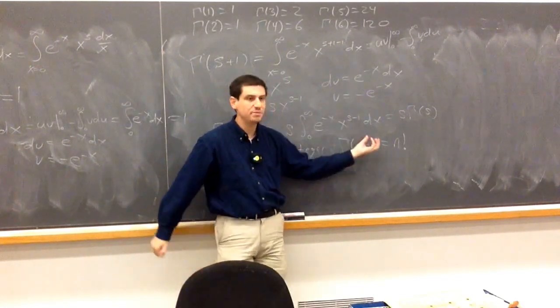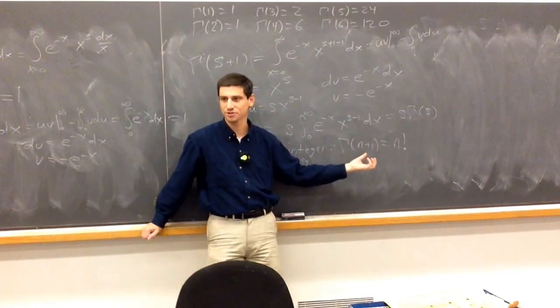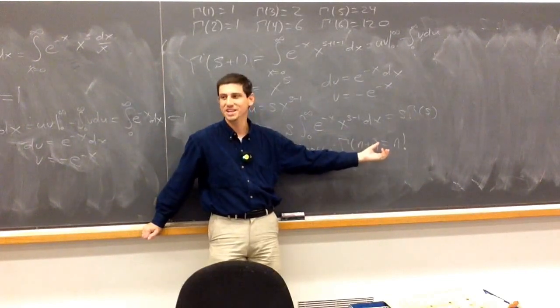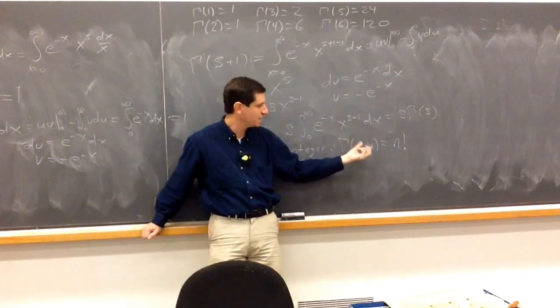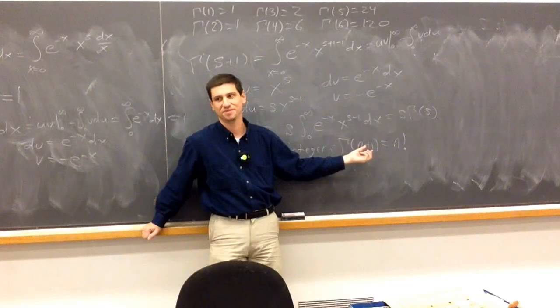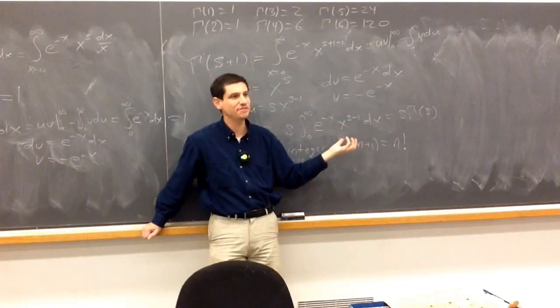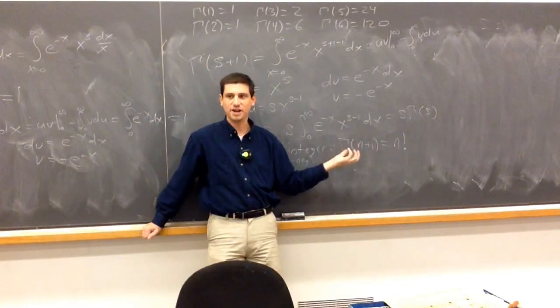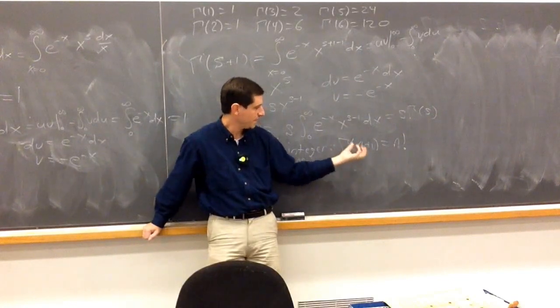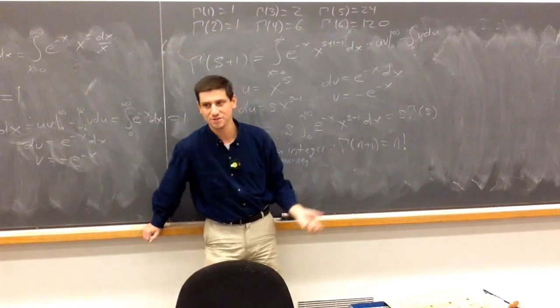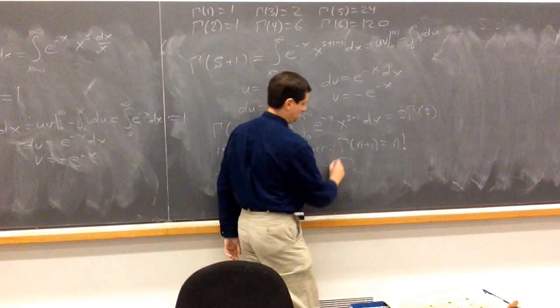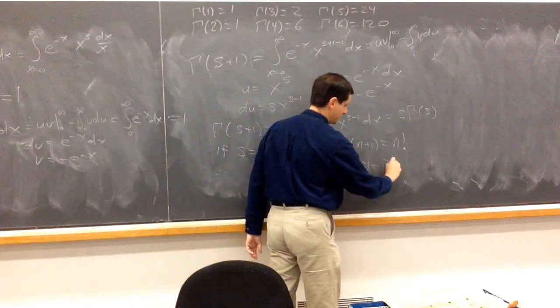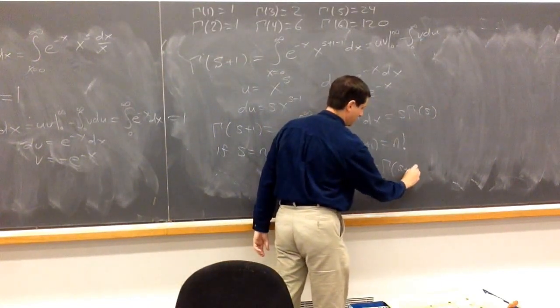We've just shown that the gamma function is related to the factorial function. Gamma of n plus 1 is n factorial. What would you like gamma of n to be? It would be nice if it was n factorial. To rectify this horrible miscarriage of justice, some mathematicians have defined a new function. G of s is gamma of s plus 1.